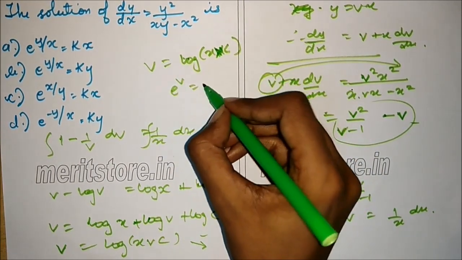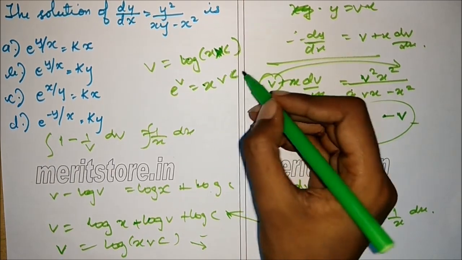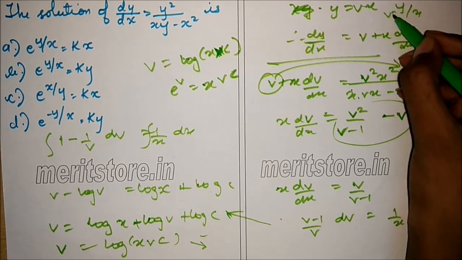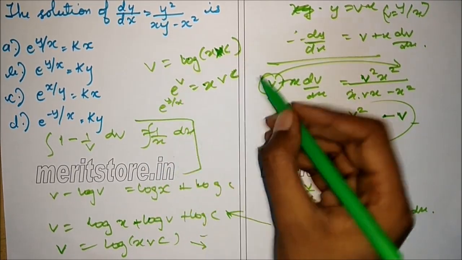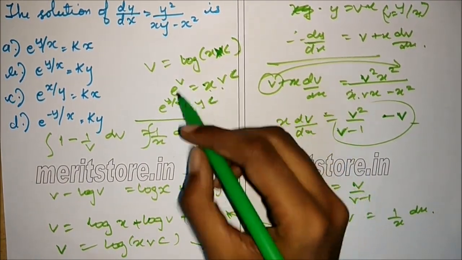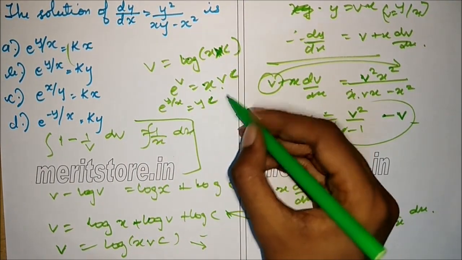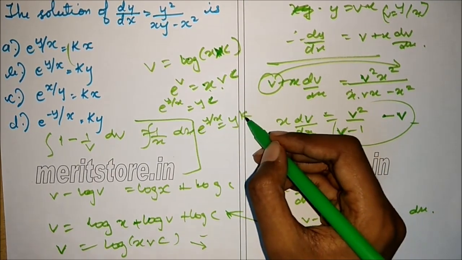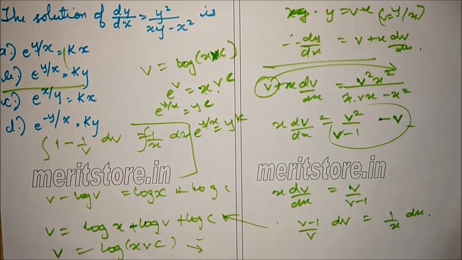So e raised to v will be x into v into c. But v is y by x. So e raised to y by x will be, now x into v is y, so this will be equal to yc. But in the options the constant is k, so we'll replace c with k. So e raised to y by x will be yk, which is option B. E raised to y by x is equal to ky.